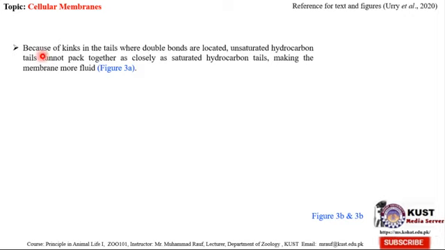Now the unsaturated fatty acids have kinks in the tails where double bonds are located. Unsaturated hydrocarbon tails cannot pack together as closely as saturated hydrocarbon tails, making the membrane more fluid.